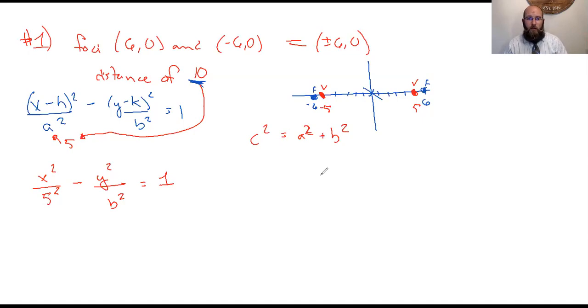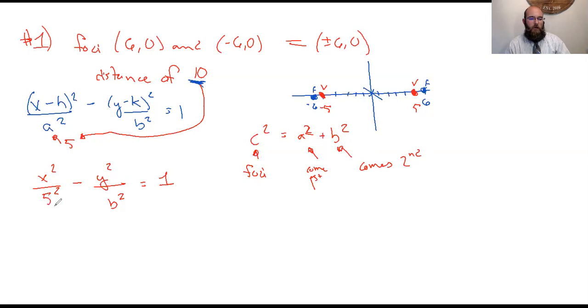Just the same as the Pythagorean theorem, except in this case, over here we have our foci. That's our distance for our foci. And then a and b, the a squared number comes first, and the b squared comes second. Okay, so that's whatever's in the formula, the first denominator plus the second denominator.